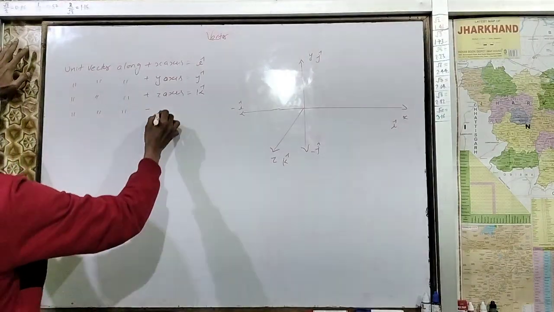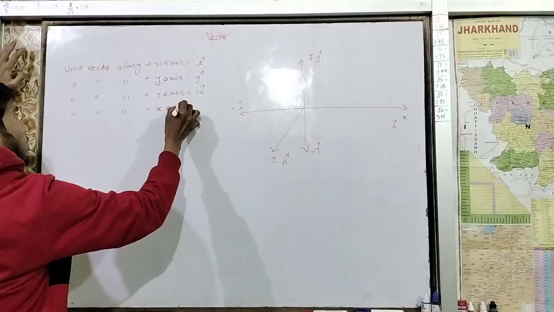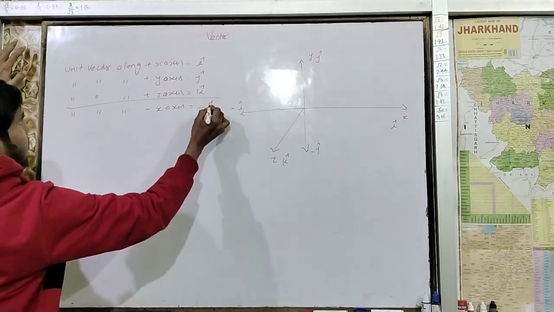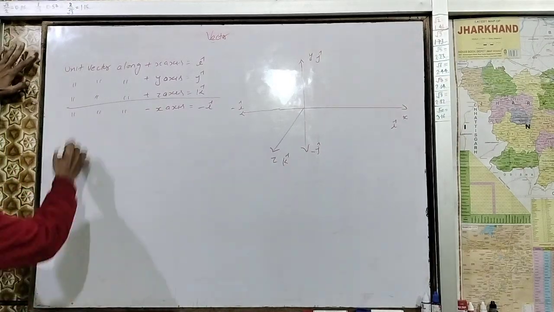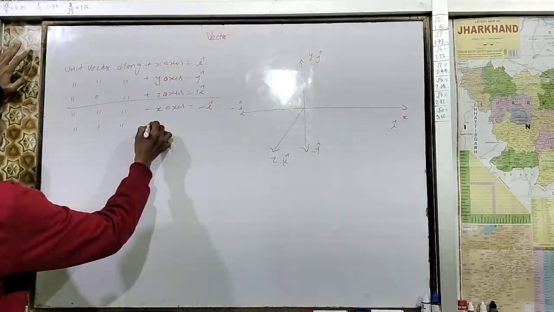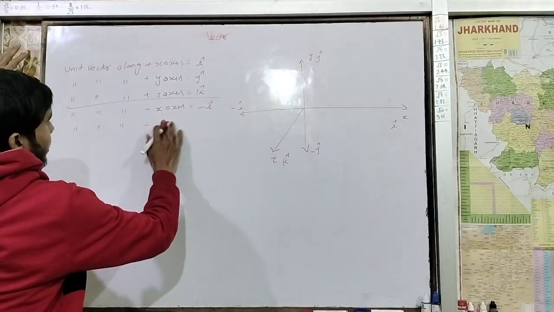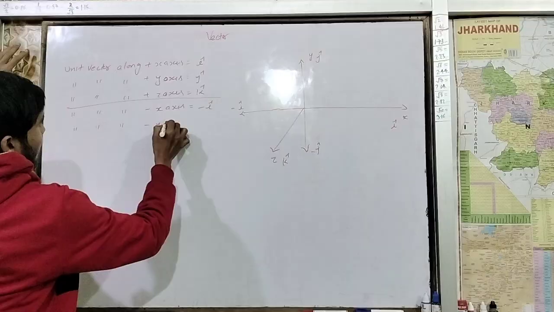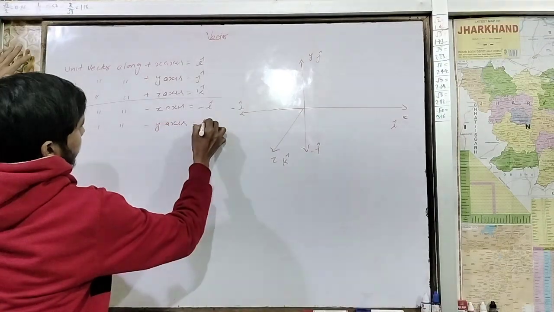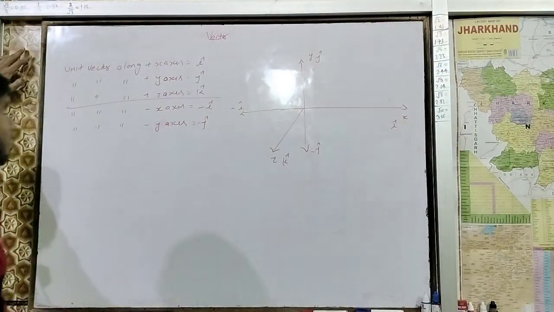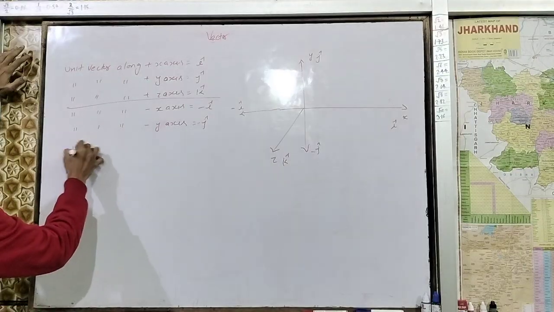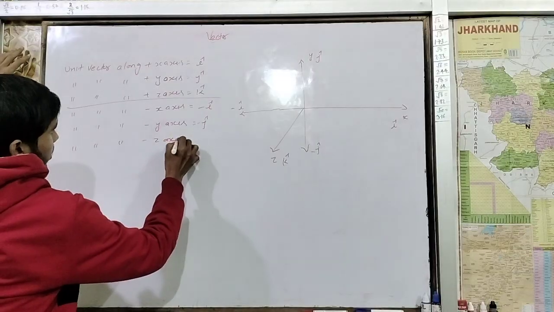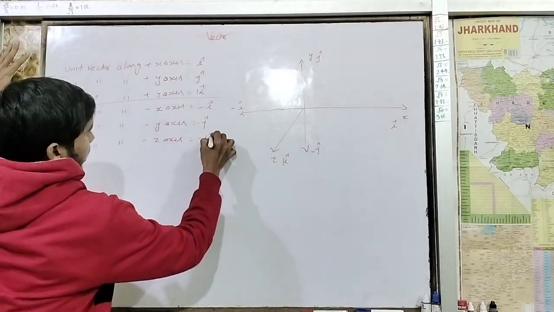The unit vector along the negative x-axis will be our minus i cap. Okay, the unit vector along the minus y-axis will be our minus j cap. The unit vector along the minus z-axis will be our minus k cap.